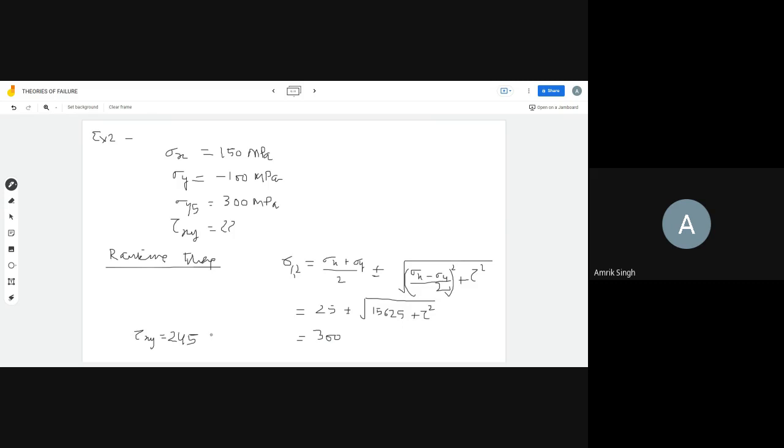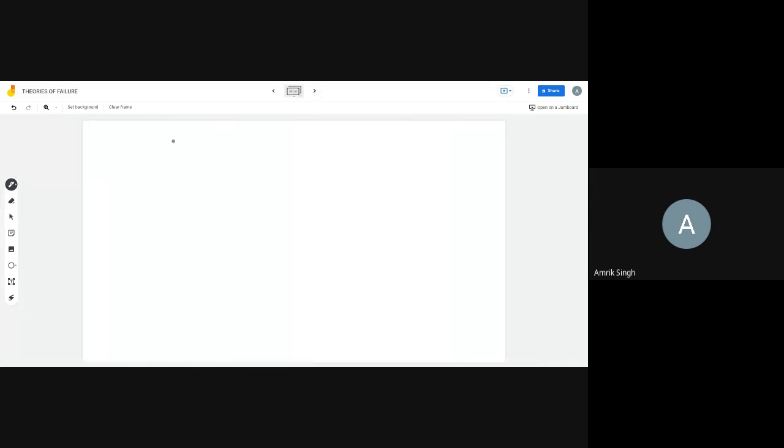How much megapascal? Okay. Now, according to the Guest theory, this says sigma 1 minus sigma 2 should be equal to sigma y. So it will be sigma 1 and sigma 2.